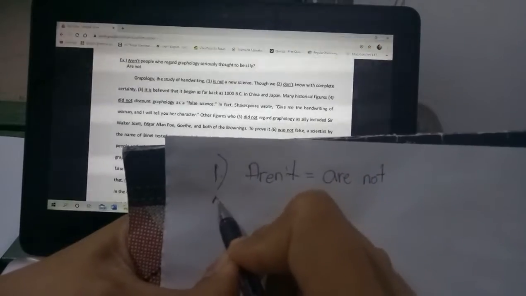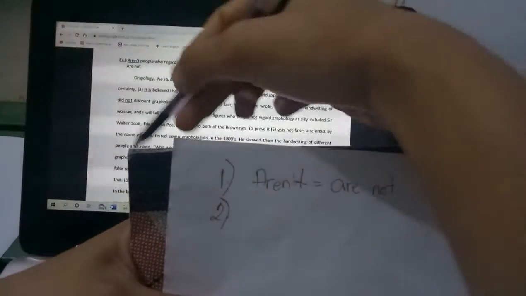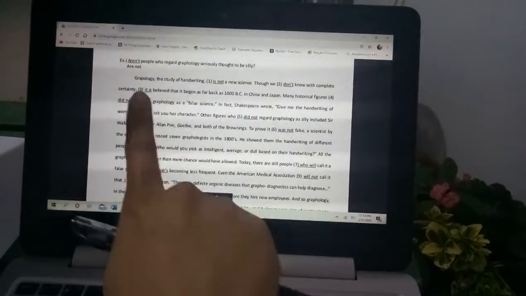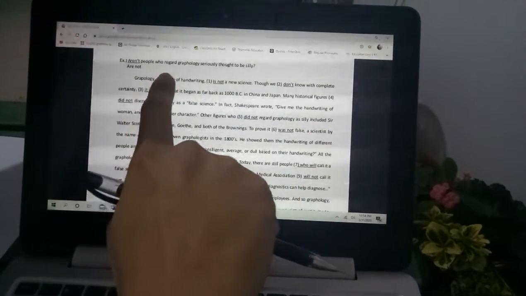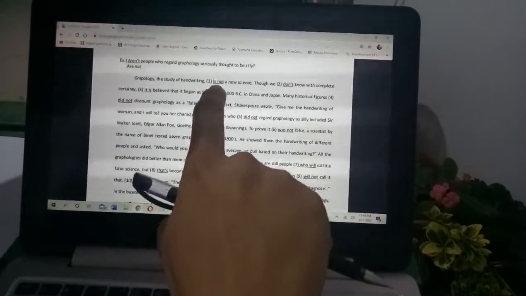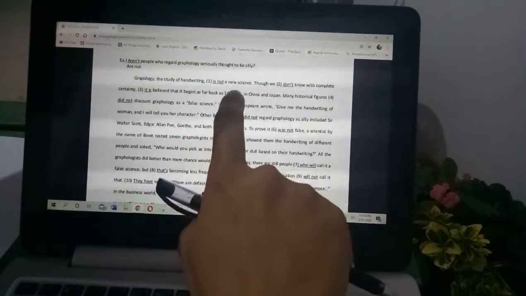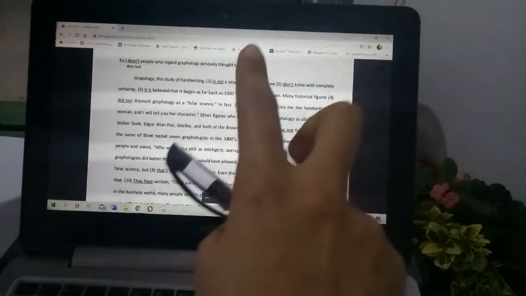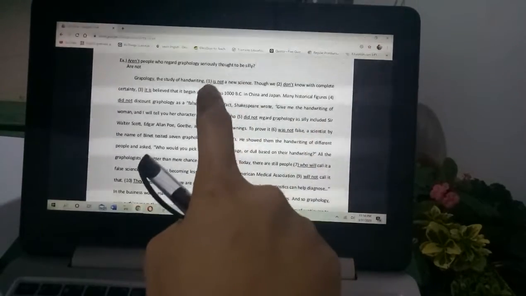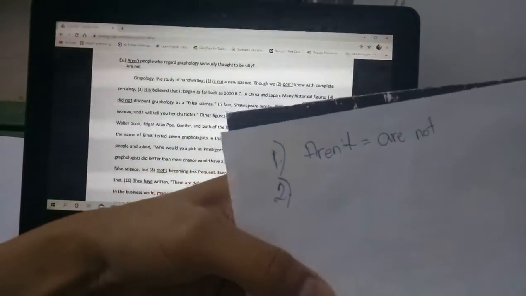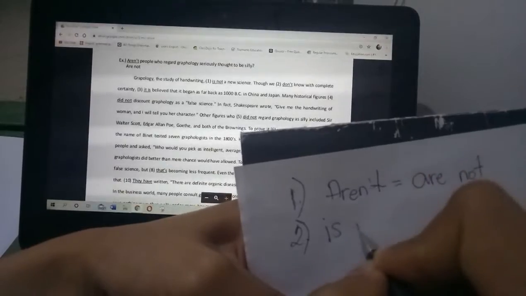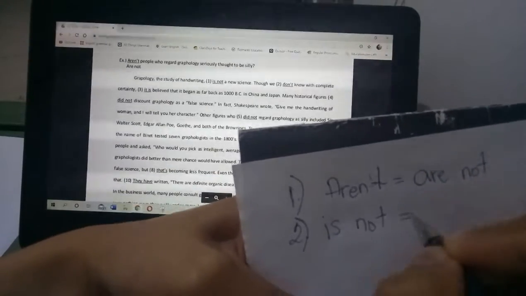And then number 2, again, you go through the text here. Graphology is the study of handwriting. Is not a new science. The underlined words here, there are actually two words underlined, is not. I'll give that one as a bonus example.